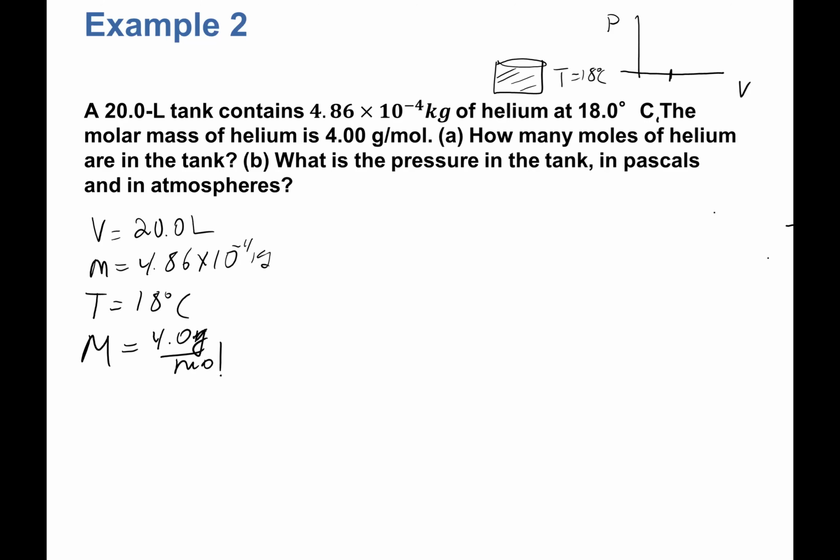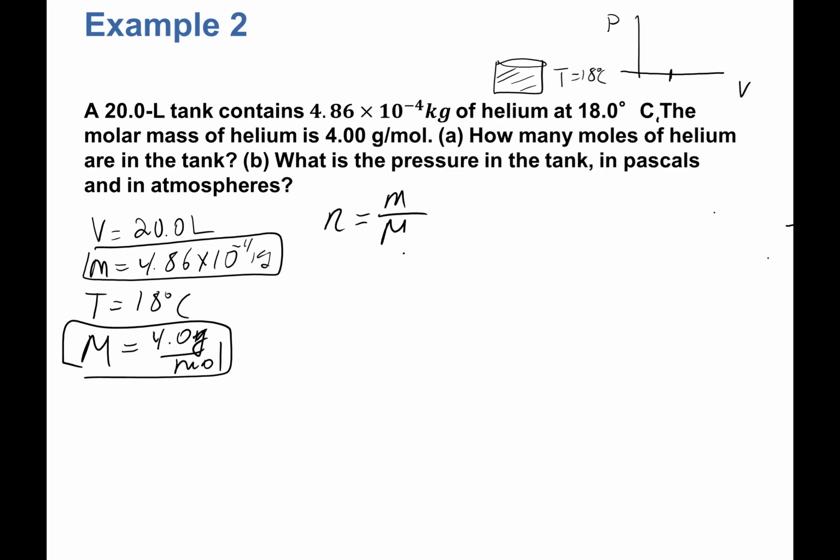Okay. Now, for part A, it says, how many moles of helium are in the tank? So I'm given the total mass of how much helium I have in kilograms, and I'm also given the molar mass of the helium. We learned that the number of moles can be calculated by the total mass in kilograms divided by the molar mass.